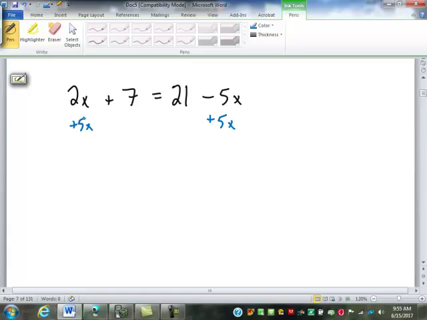Could we have solved it by subtracting 2x? Absolutely. The reason I say get rid of the smaller one: what did I say most people will struggle with throughout the whole course? Negatives. And if we get rid of the smaller one, we usually end up working with negatives. So by getting rid of the smaller one, we're staying with the positives. So that negative 5x, we add 5x to get rid of it. What does that give us?